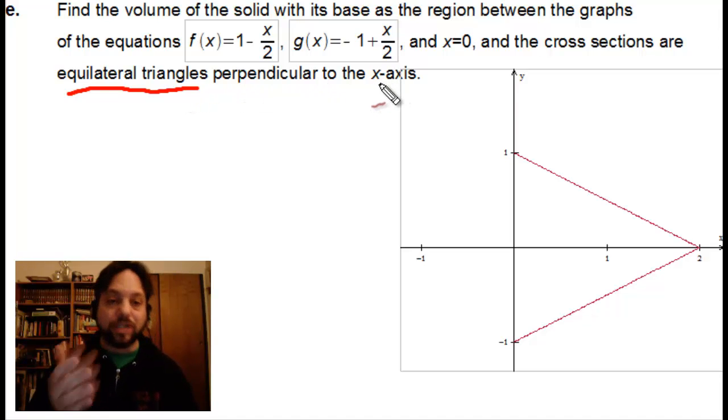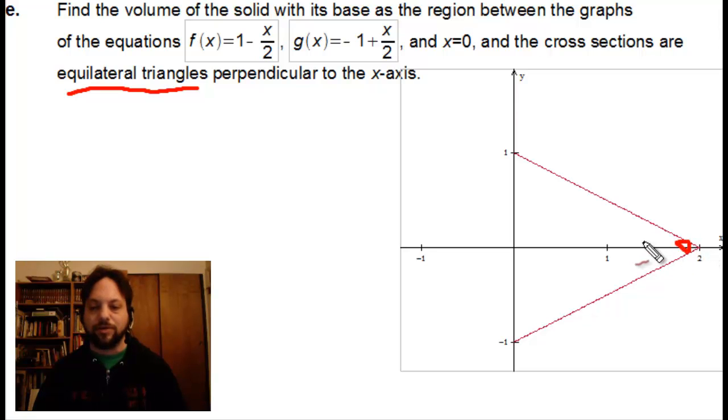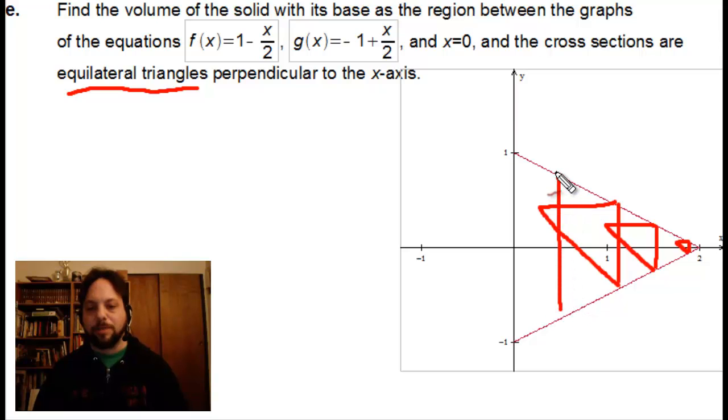Our first step really should be to attempt to draw this solid that we're going to try to find the volume of. Of course, as we get closer to x equals 2, these equilateral triangles are going to be very, very small. But as we get closer to x equals 0, these equilateral triangles get larger and larger and larger. And so eventually we end up with a picture that looks kind of like this.